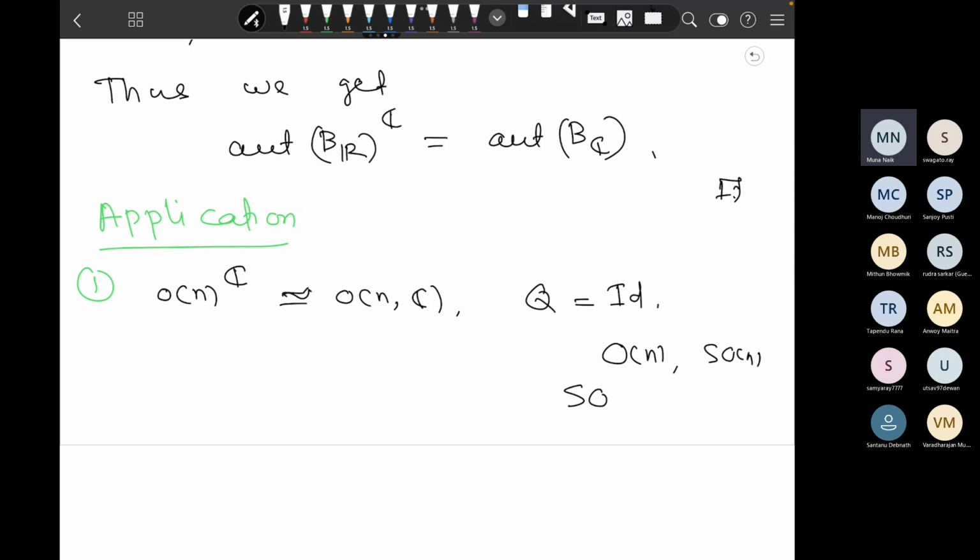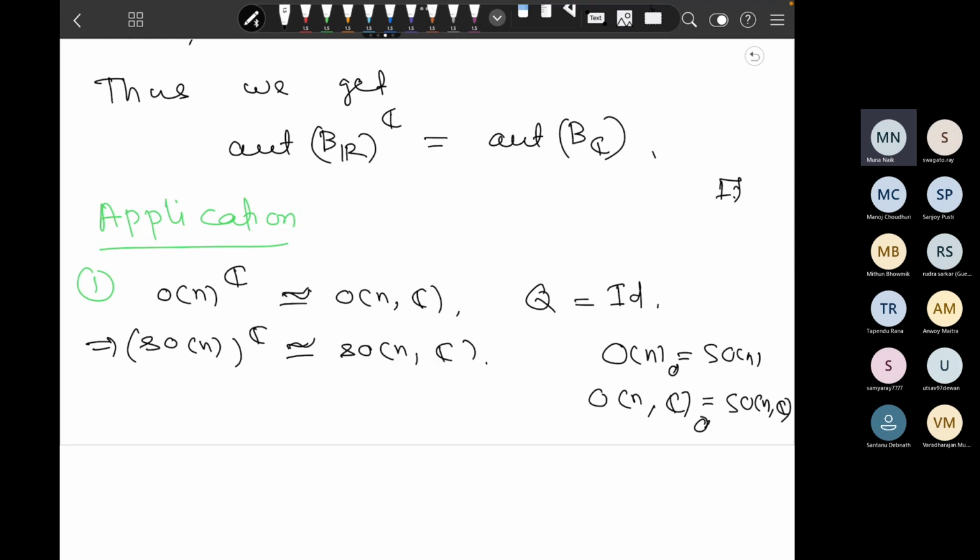And the Lie algebras of ONC and SONC are really the same because ONC not is equal to SONC and ON not is equal to SON, and I am using that. So this implies that this SONC is isomorphic to SONC. Okay. So this is the first application.